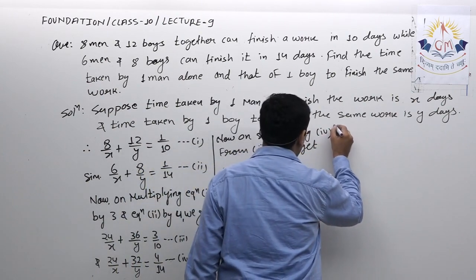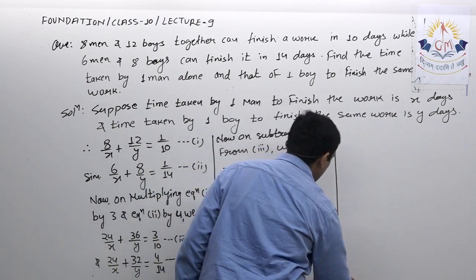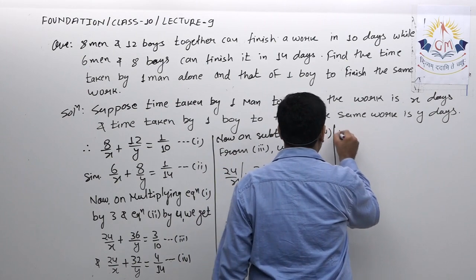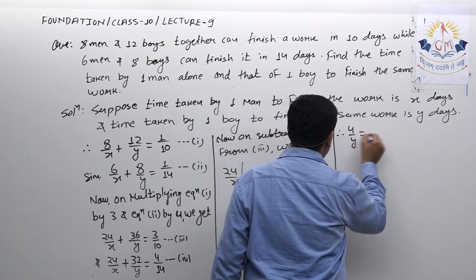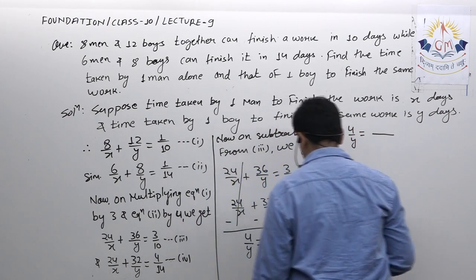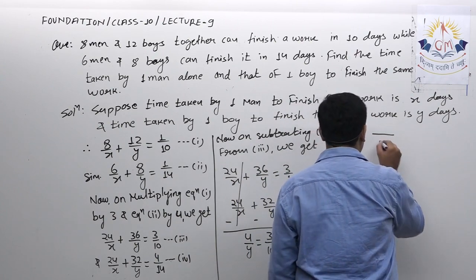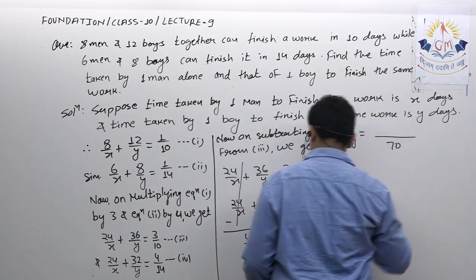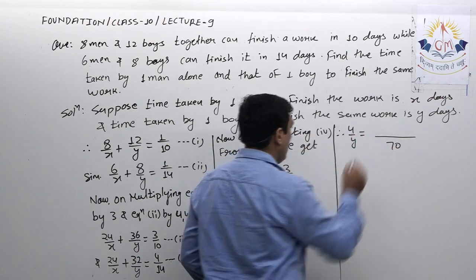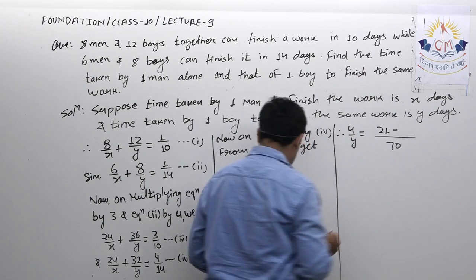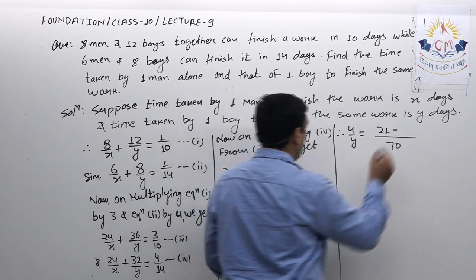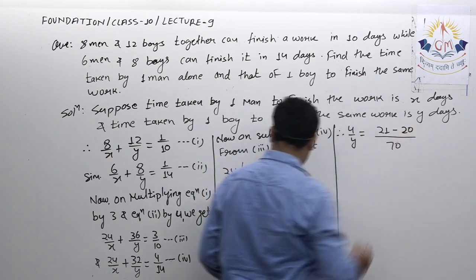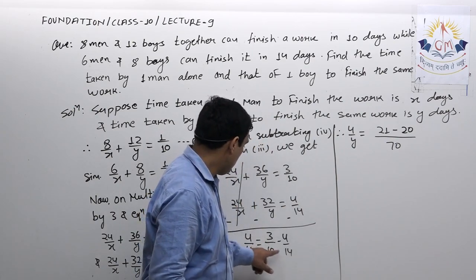So now by taking LCM, 4 upon y is equal to, 70 will be the LCM, 21 minus 20.